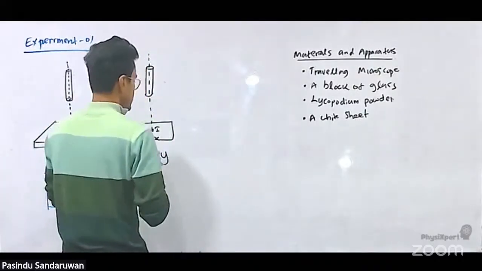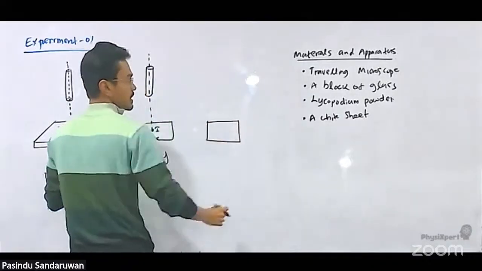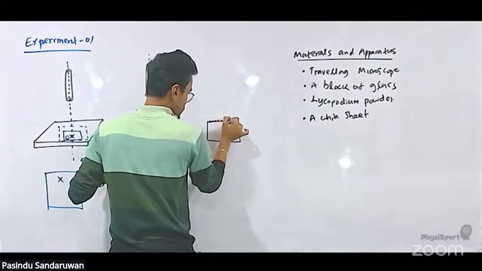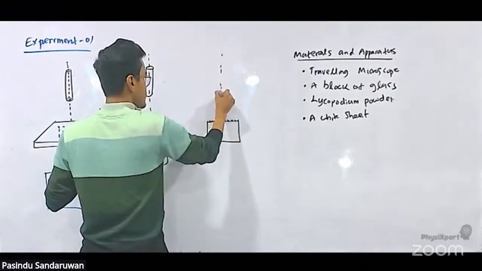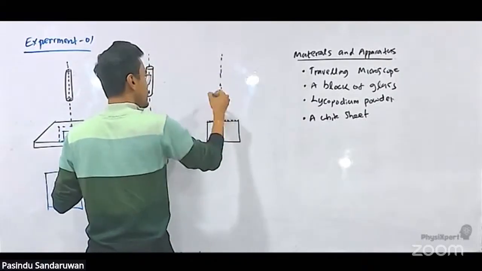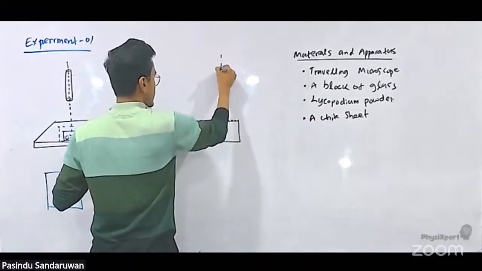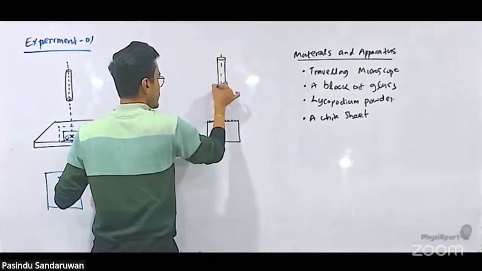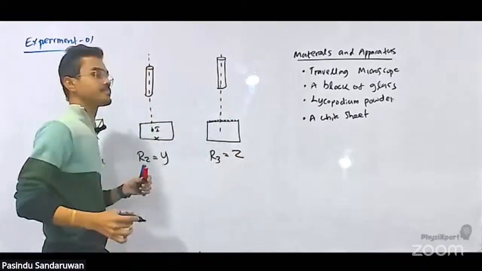The last step: with the glass block kept on the stage, we spread some lycopodium powder on top of the block and again focus our traveling microscope onto the lycopodium powder. Say this reading is z.